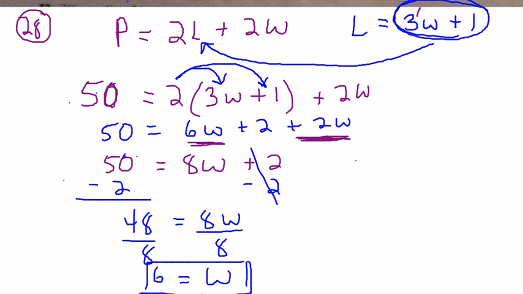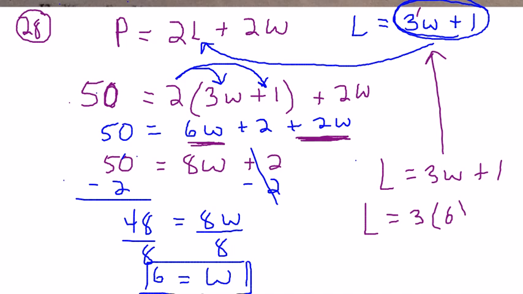We know from the equation they gave us that the length is equal to 3W plus 1. Because I know W is 6, I can plug it in. L equals 3 times 6 plus 1, so L equals 18 plus 1.